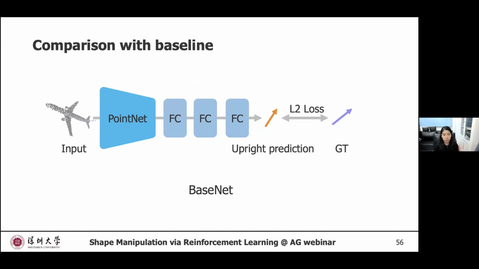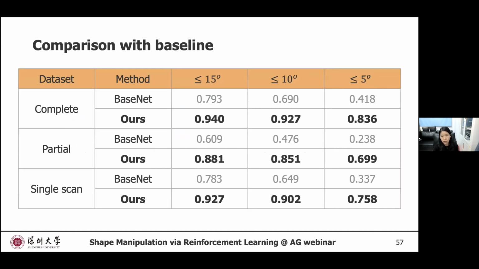Yeah. This is the BaseNet. I think what he or she mentioned is this kind of BaseNet. Because for each point cloud, we do know the ground truth upright direction, and we can use a supervised learning method to do the regression directly. And from the experiment, as I show here, we found that using reinforcement learning can always get better results, I think especially for those partial datasets and single scans.